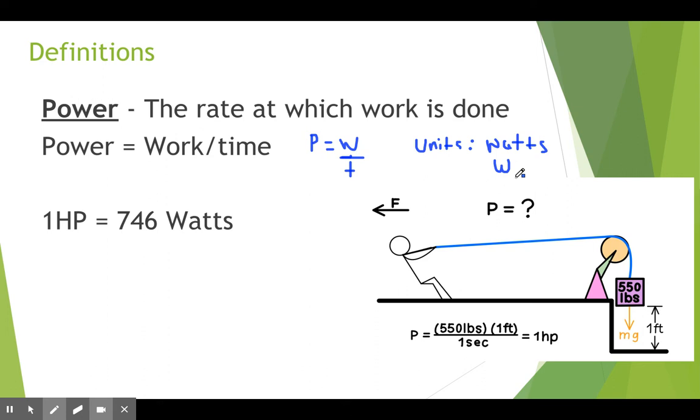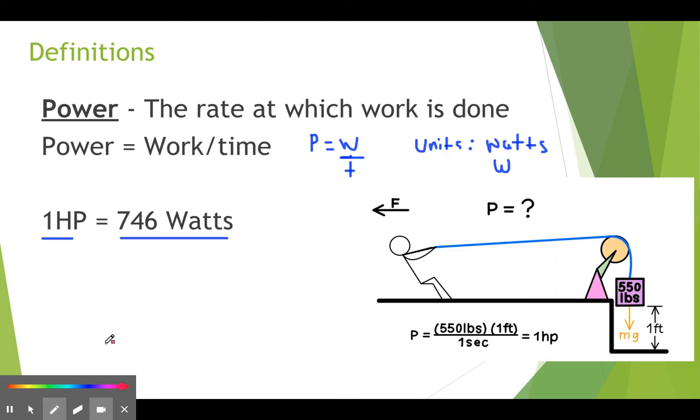One conversion you will specifically use in general in physics, not so much on the AP exam, is that horsepower is a common unit that we use, especially for mechanical power. So 1 horsepower is equal to 746 watts. Another equation for power, which we'll get to a little bit later.